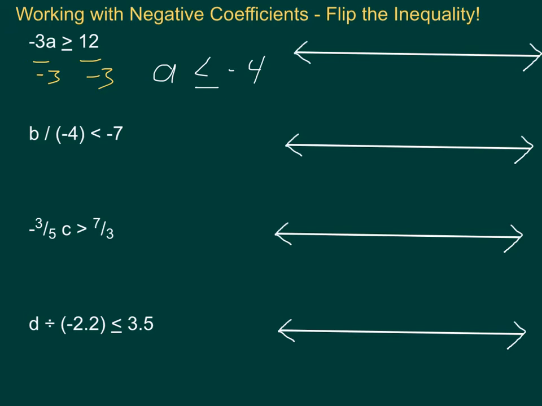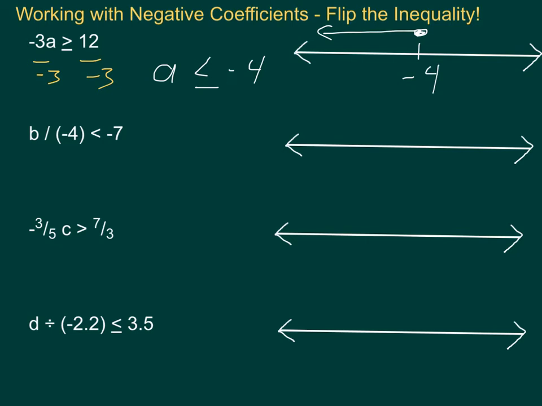That's the big important piece. So then to graph it, I just go to negative 4, closed circle because of the or equal to, and I'm coming over here to the left. So I'm talking about these negative numbers over here. You could certainly check this and plug it in, and they all should work. If I pick, say, negative 5 and plug it in, negative 3 times negative 5 is 15, and 15 is greater than 12. So that works.